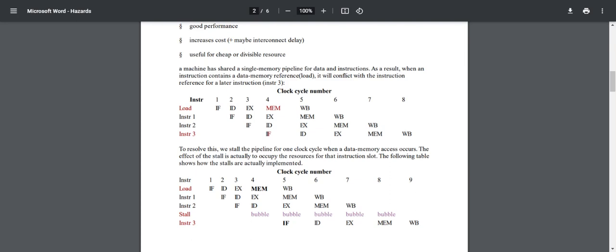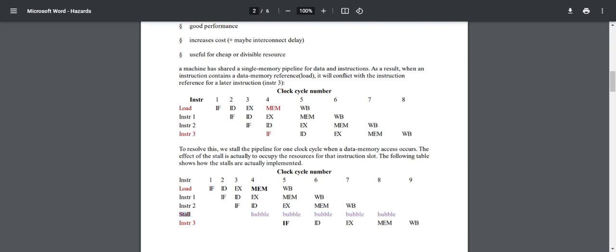So the idea is if you stall your CPU for a particular clock cycle, then you can see that the problem is resolved. Now, by stalling, don't take the word stall in generalized sense.